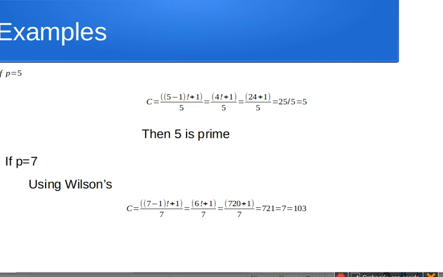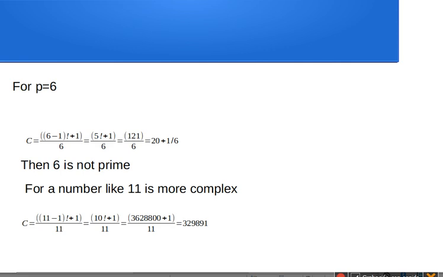And for the case of P equal 7, using Wilson's, we have another integer value, 2. But if we try to use another number like 6, then the value of C is not an integer.